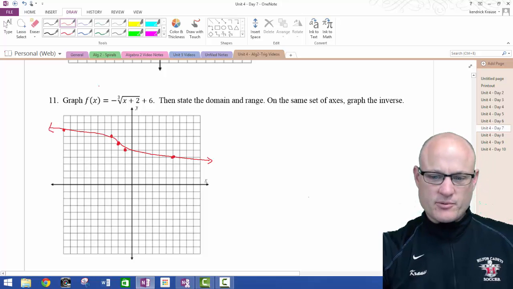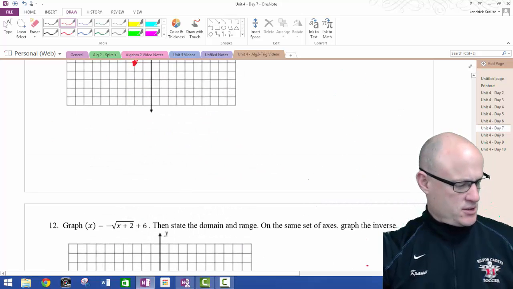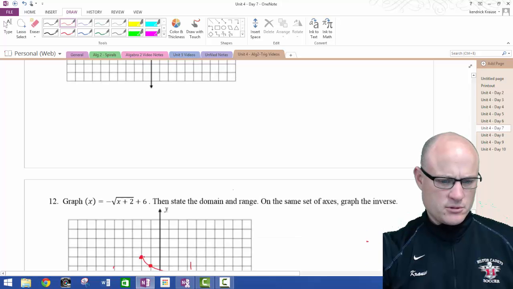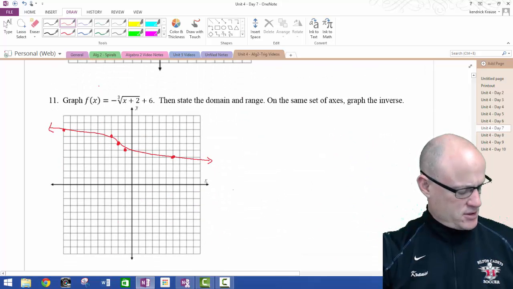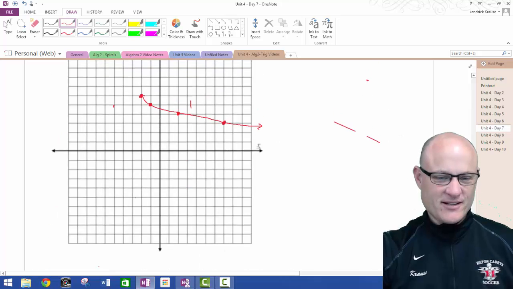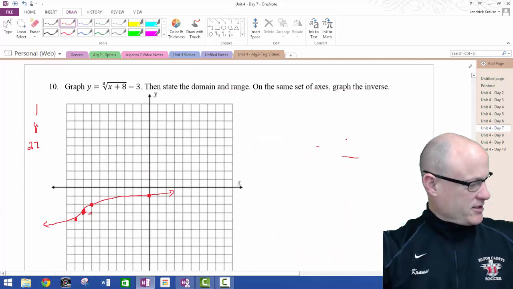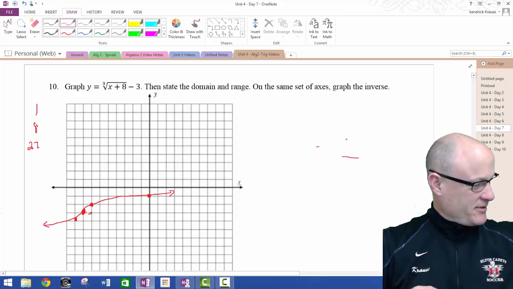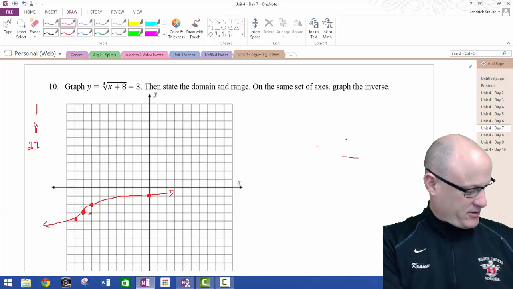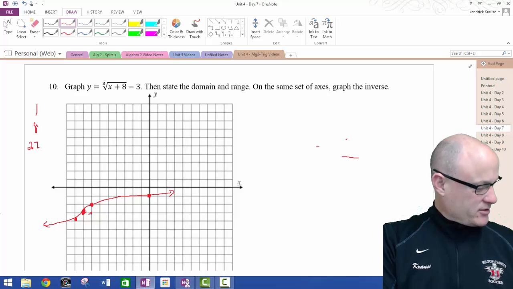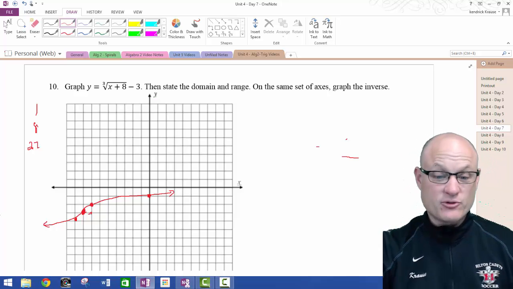I already did this page. Cool. 12, 11. They went out of order. How the heck did I get this to be number 12 and that to be number 11? What in the world did I do here? I got the numbering so messed up. That's why I messed up here. 9, 10, 11, 12, 11. All right. That last one should have been 13.